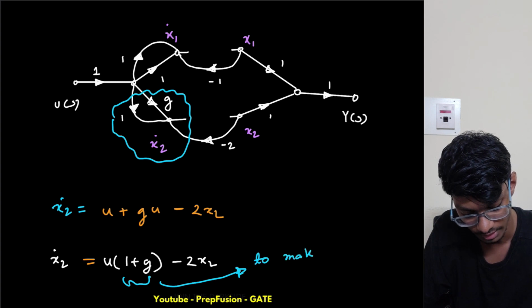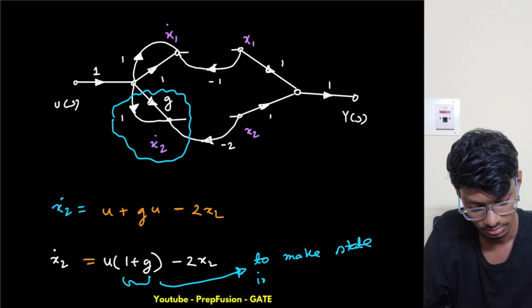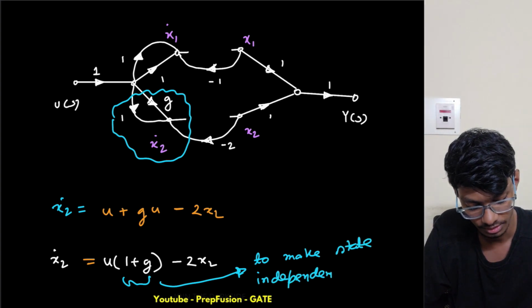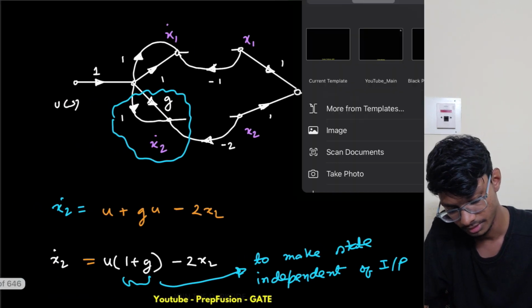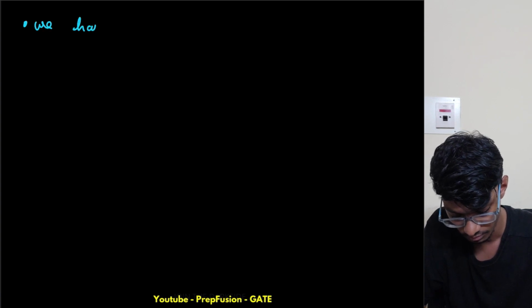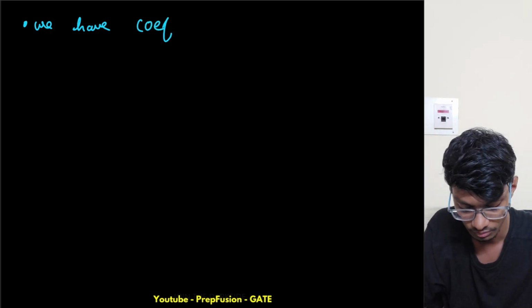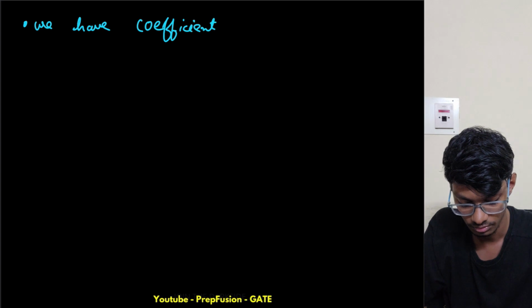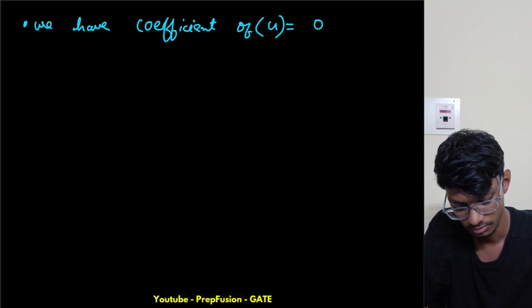To make the state variable independent of input, we have to make the coefficient of u equals to 0, right?